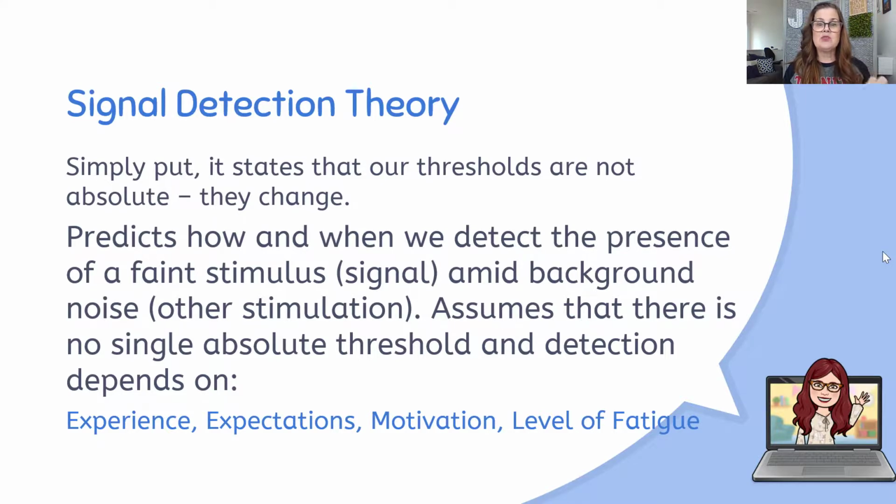It assumes that there is no single absolute threshold, and that for you to detect a signal, for you to hear the message, it's going to depend on your experience, your expectations, your motivation, how tired you are.